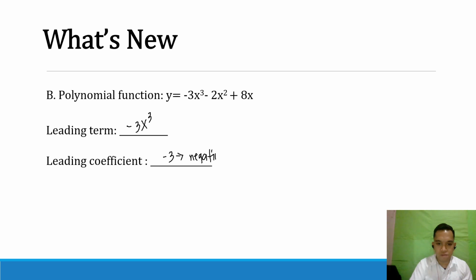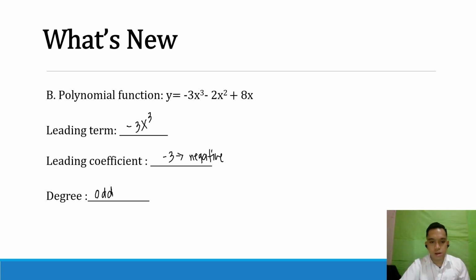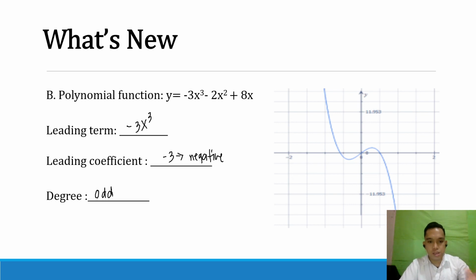And the degree here is 3, which is odd. So the graph of our polynomial function looks like this. Since the leading coefficient is negative and the degree is odd, it rises to the left and falls to the right.